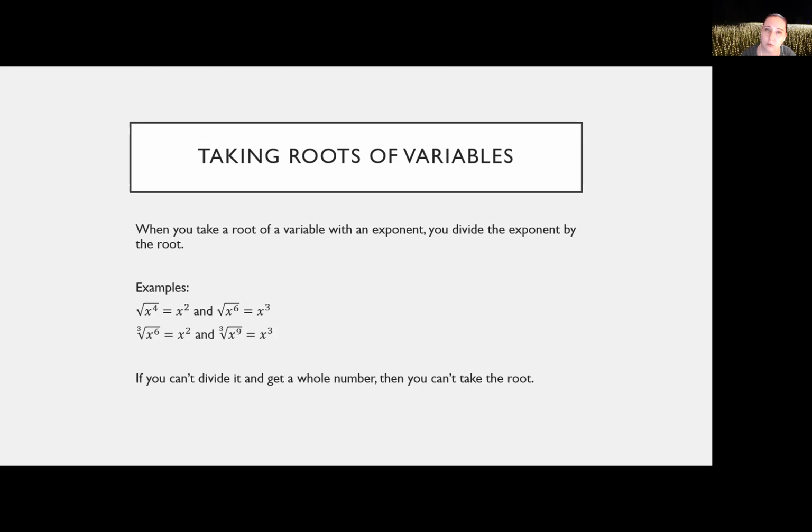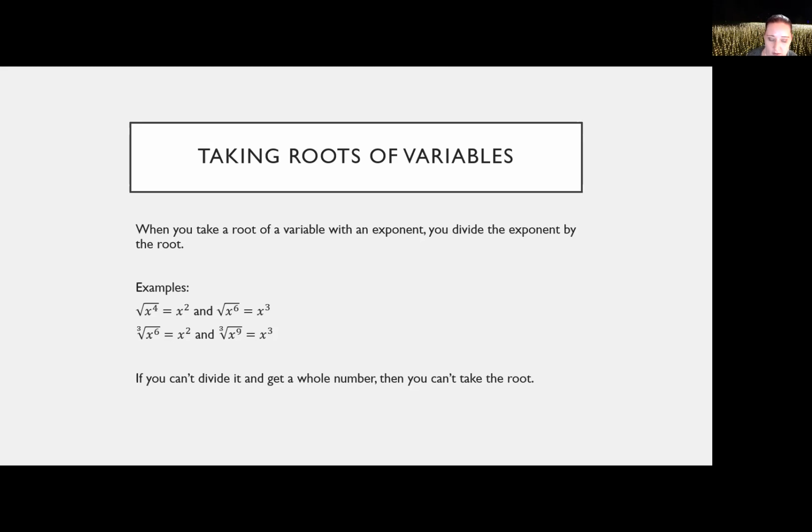If you have a cubed root, the index is 3, so you're dividing by 3. If you have x to the sixth in a cube root, you divide 6 by 3 and you get x squared out. So the index matters because it makes a difference in your output.